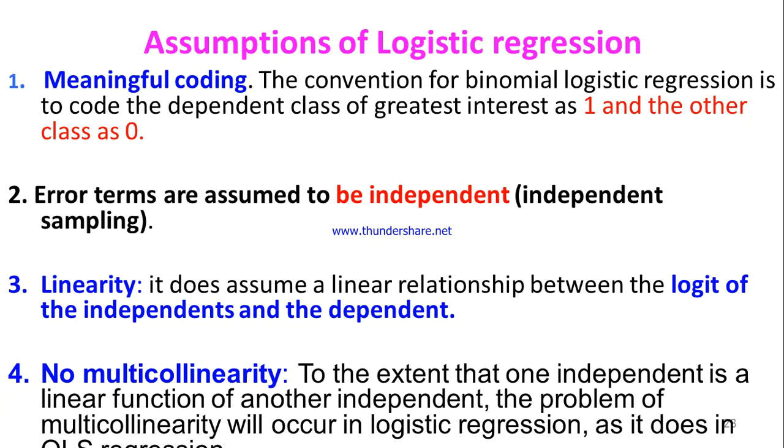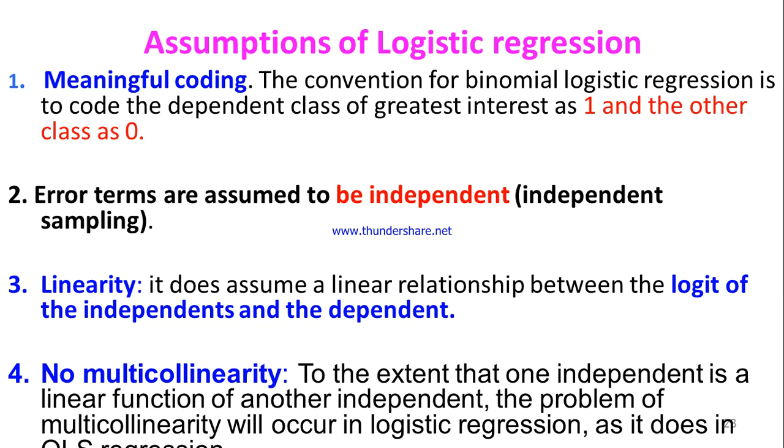The logistic regression model always calculates probability for the category labeled with the larger code. 1 is larger than 0. Therefore, the probability we calculate is always for the category represented by 1. Meaningful coding must not be ignored.